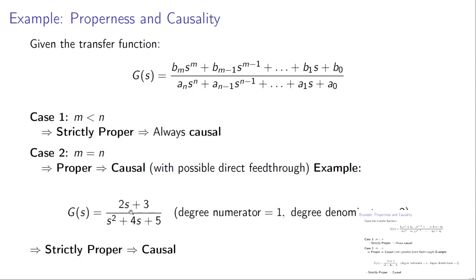So in this example here we have case 1, because the numerator polynomial has degree 1 and the denominator polynomial has degree 2. So it's a strictly proper system.